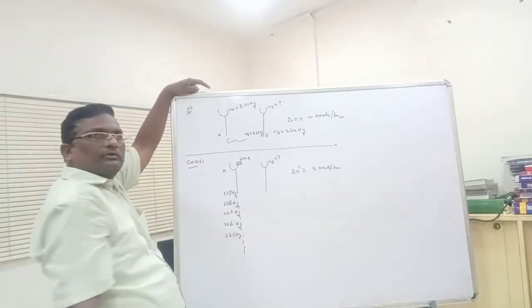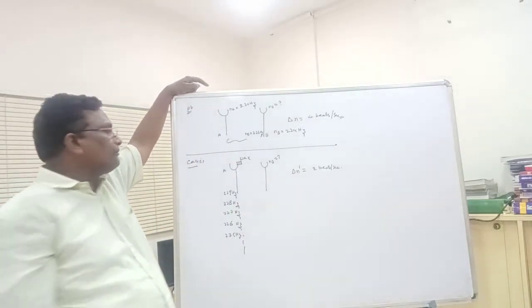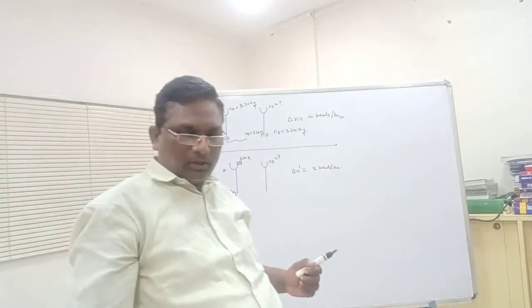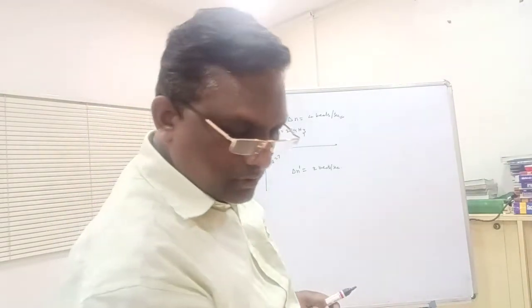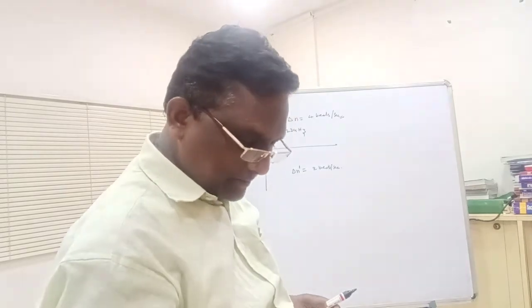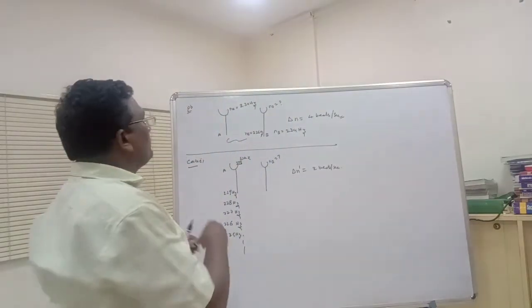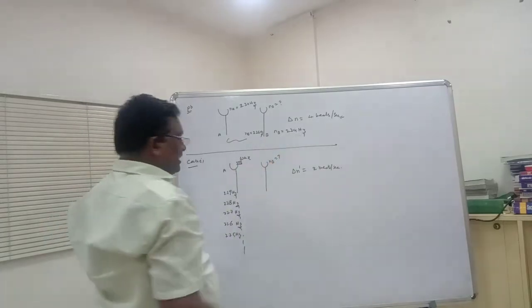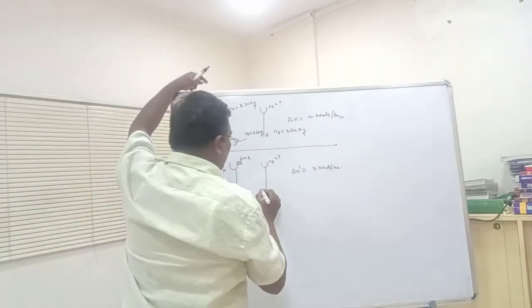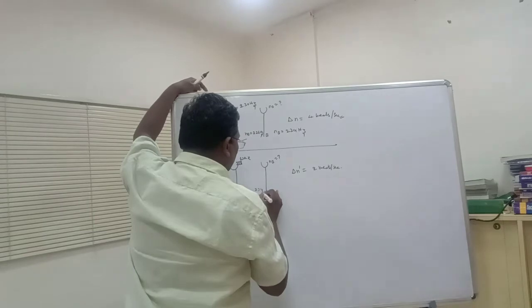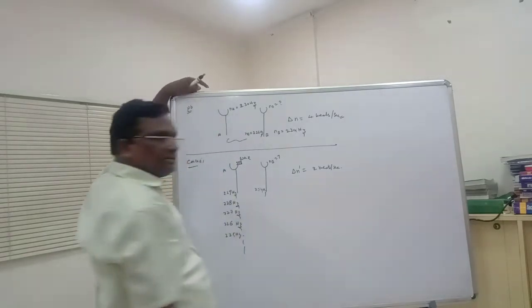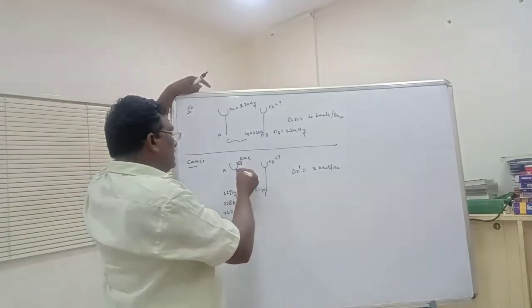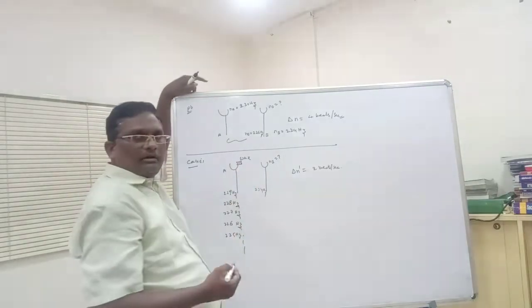Its frequency will reduce. Now let us consider, you assume the frequency of tuning fork B is 234 Hz. After loading, tuning fork A gives 229 Hz.